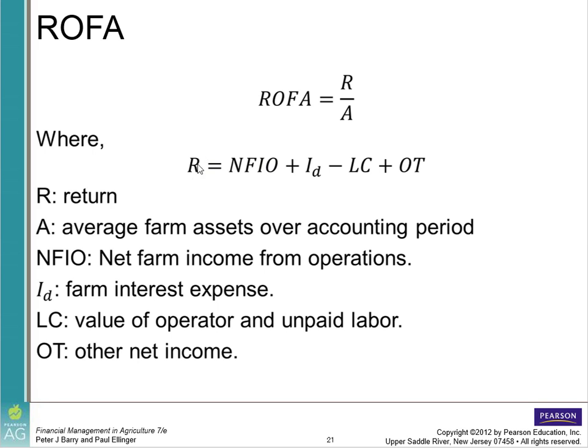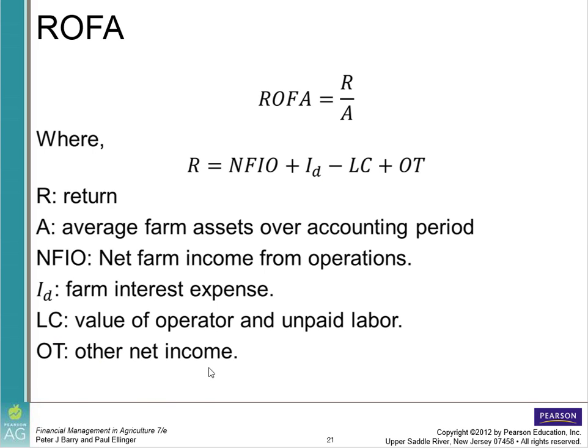Okay, so the return is simply calculated by NFIO, which is the net farm income from operations, something that we just looked at in EBITDA, plus the farm interest expense minus the value of operator and unpaid labor. So again, many times there are labor charges that you may have. It's entirely possible that LC is sometimes zero, especially if you don't have any unpaid labor.